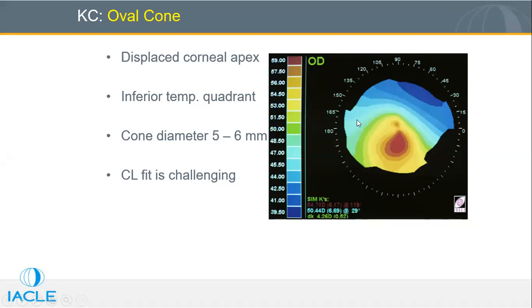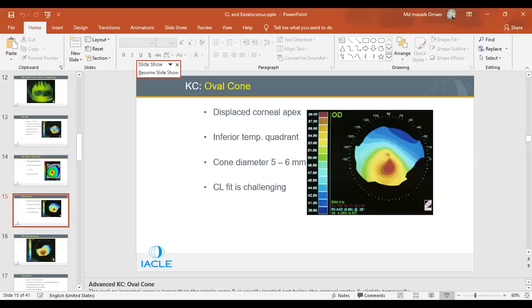It means the diameter should be between 10 to 10.5 mm. Normally in a nipple cone, the diameter we take is 9 mm or less than 9 mm.